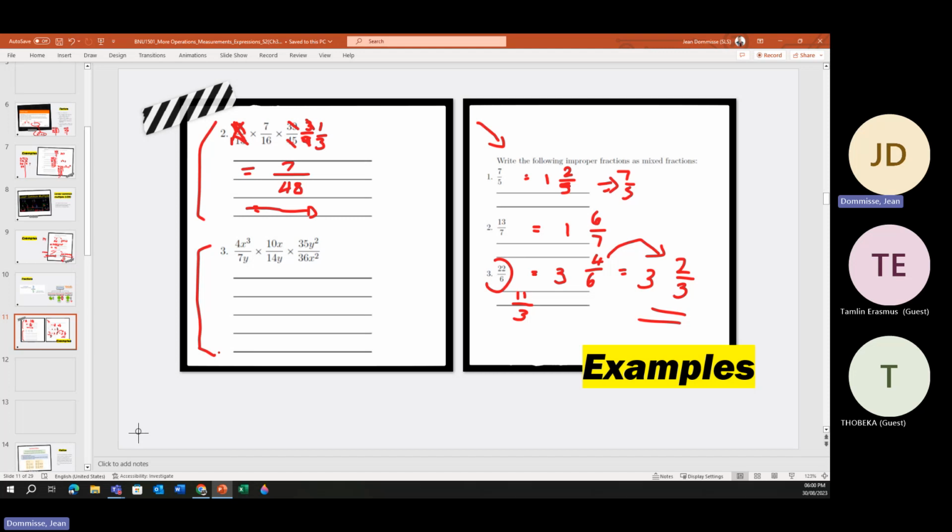So let's just look at, again, first, as always, I want to simplify. So it's a bit more difficult with this one, but let's see. Okay, 4 goes into 4 once, 4 goes into 36 9 times.